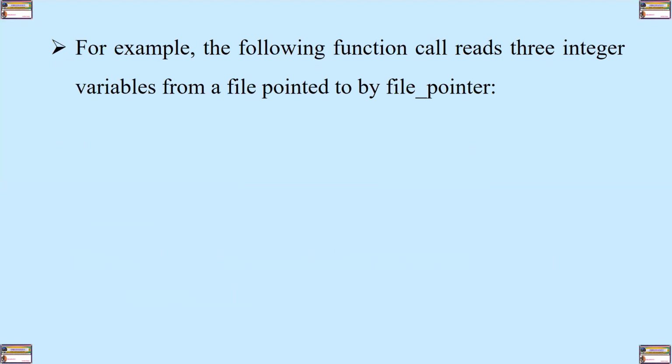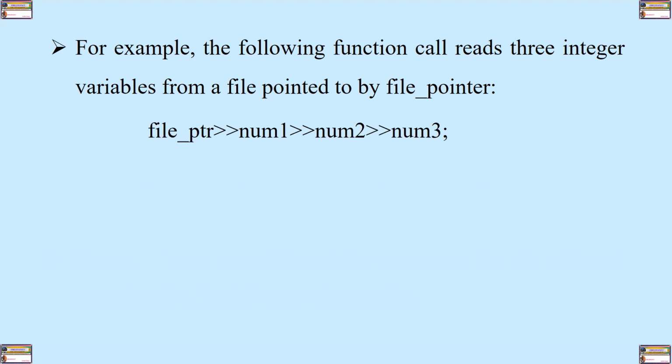So the following function call reads, for example, 3 integer variables from a file pointed to by a file pointer. Kindly note, my dear students and the rest of the learners, the operators that we use with cin for reading are the same ones that we use for reading using a file pointer.